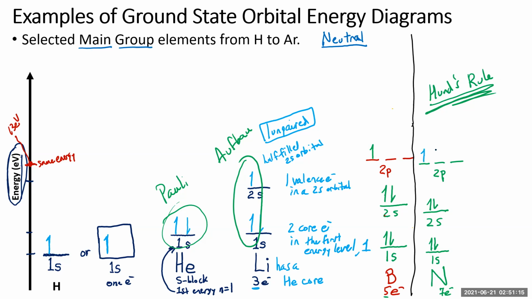We need 3 electrons, right? So 1 electron, 2 electron. Notice they're all pointing in the same direction. 3 electrons. Hund's rule says spread them out and make them parallel.